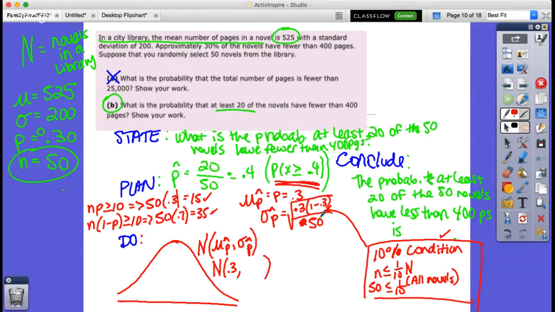So when I plug this in, I will end up getting a standard deviation of p hat of 0.0648. All right, so we've got this here.